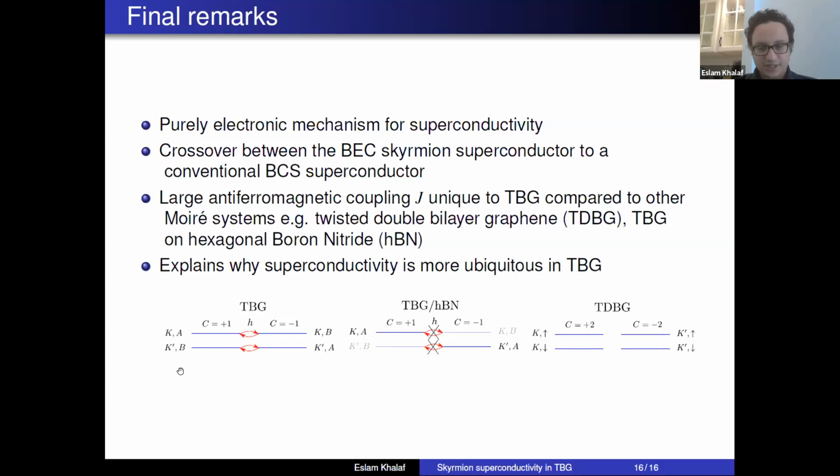Another interesting scenario would be to consider what happens near charge neutrality where spin symmetry is not broken. And then the manifold of states is much bigger. It's just some big Grassmannian manifold where we can also form skyrmions. And in that case, we could, in principle, have some spin singlet pairing using the same mechanism.